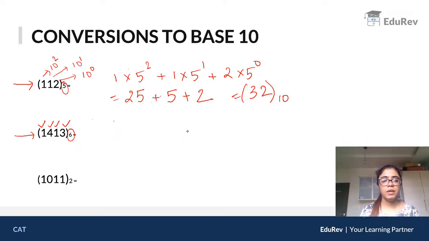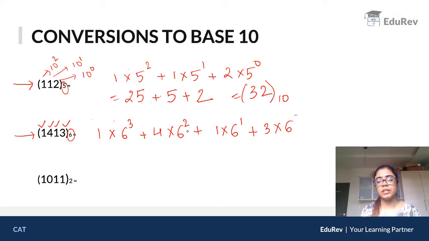So this will be 1 into 6 raised to 3, 6 cubed because it is at the thousands place, 4 into 6 squared plus 1 into 6 raised to 1 plus 3 into 6 raised to 0. So this will be 6 cubed, 216. This will be 4 into 36.